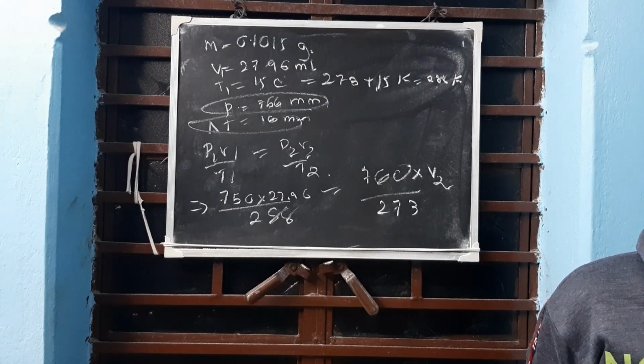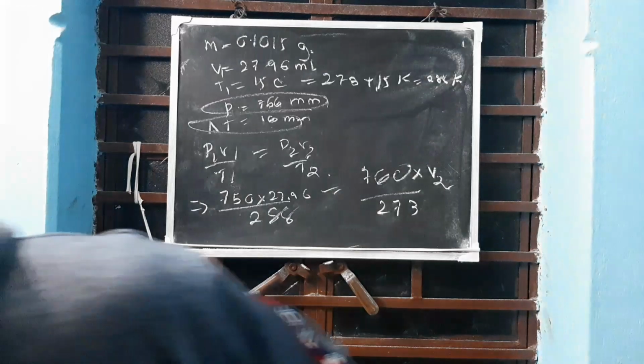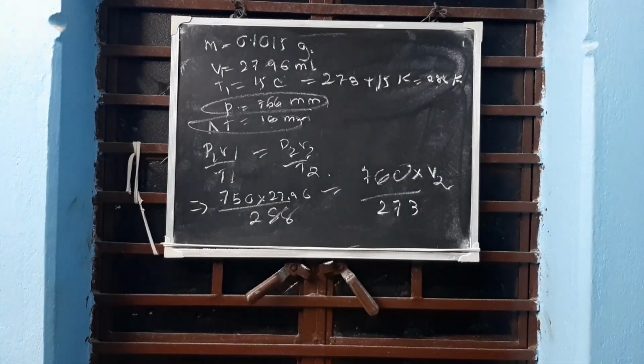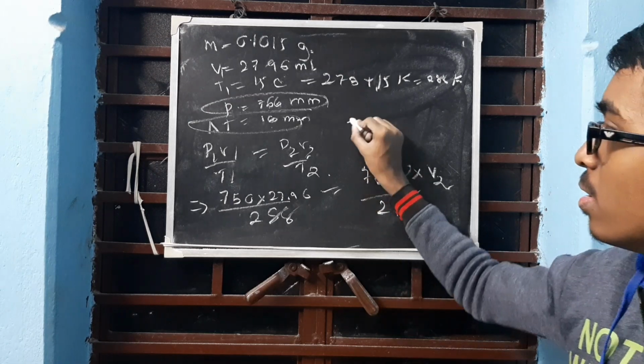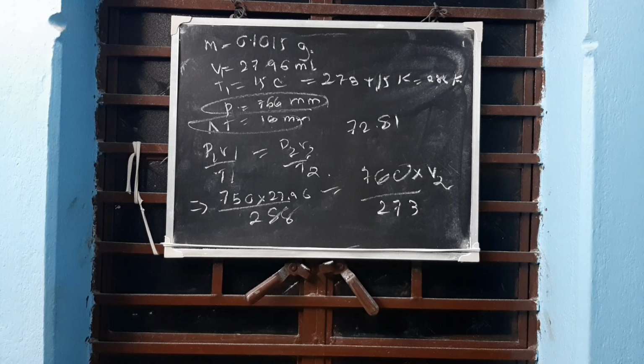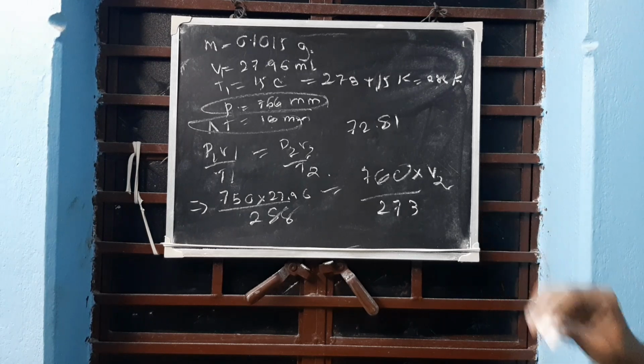Hold on to your calculators and perform the calculation, because without calculation you cannot do this. How much is this coming? 750 into 27.96 divided by 288 is 72.81. Then 72.81 into 273 is 19877, divided by 760.